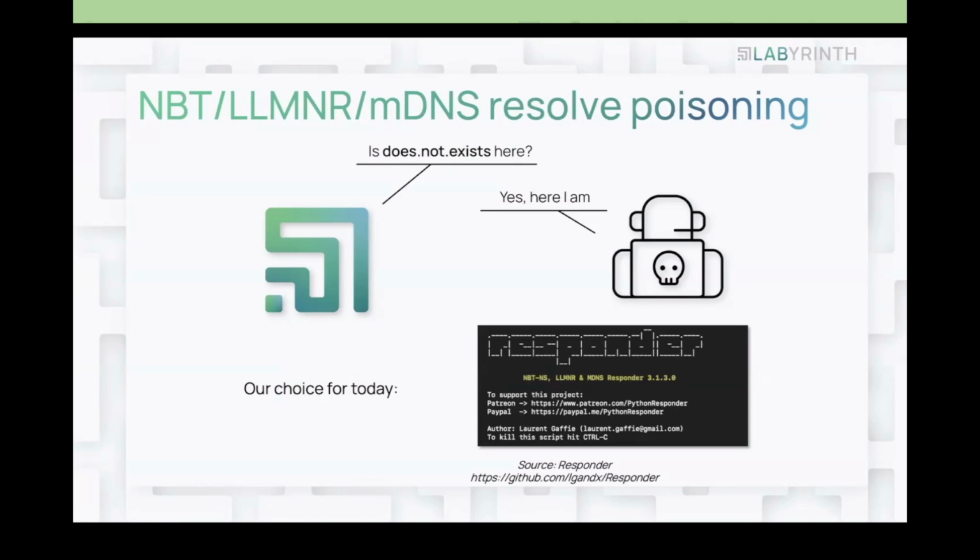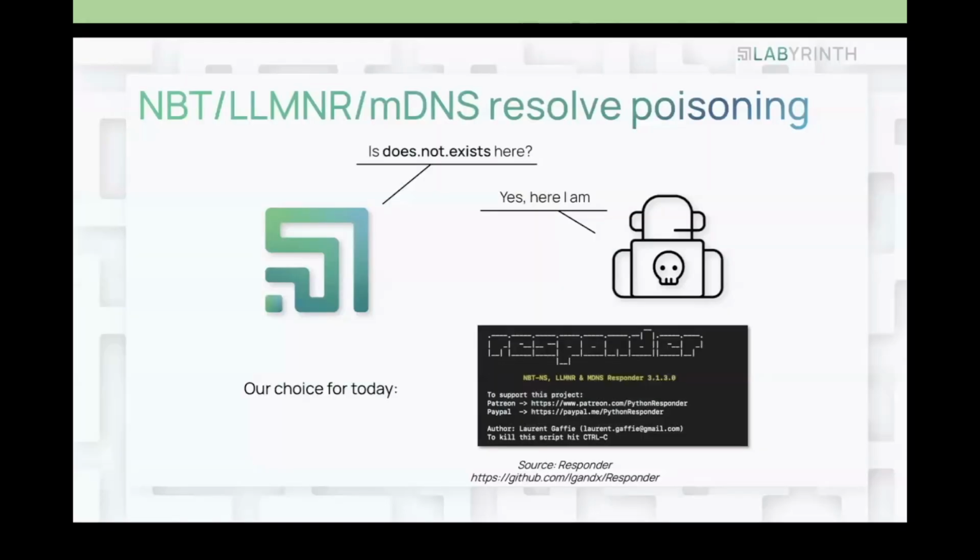From our design perspective, those values shouldn't be real. We shouldn't be getting any responses whatsoever. But in case of placing a tool, for example, what we will be using today, Responder, we will be getting a response, and this will mark that, as I said earlier, something is wrong.